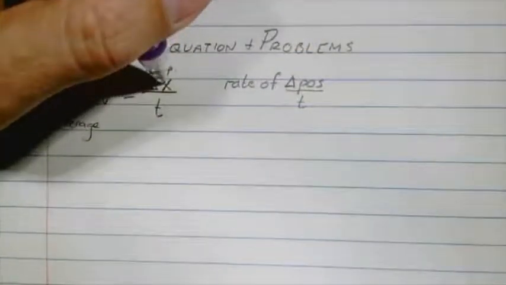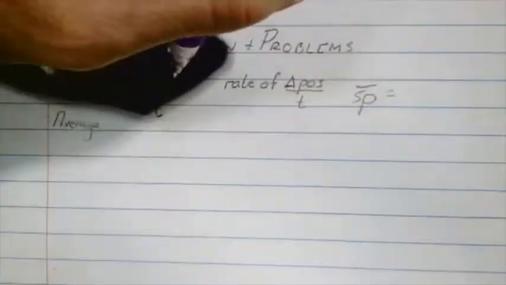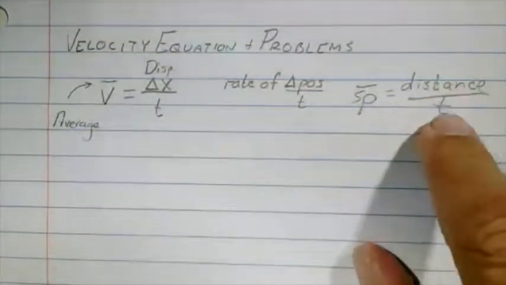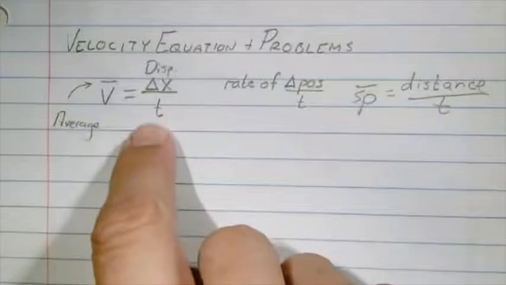For velocity, we use displacement. For speed, and I'll just abbreviate that speed, I never even use this equation, instead of displacement, it's using distance over time. And I'll talk about the implications of that. So speed is distance over time, velocity is displacement over time.